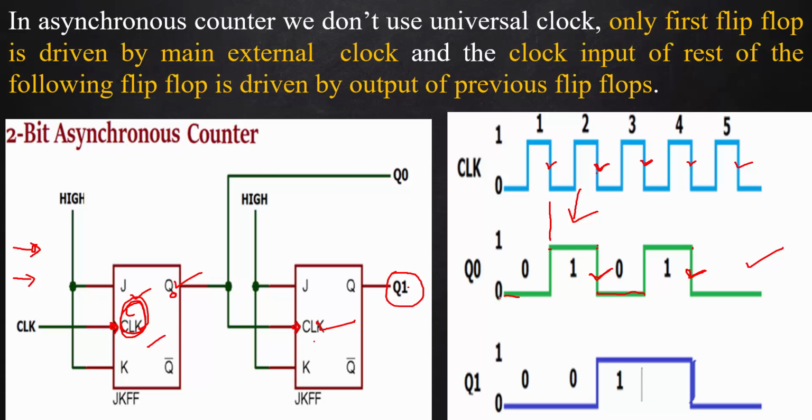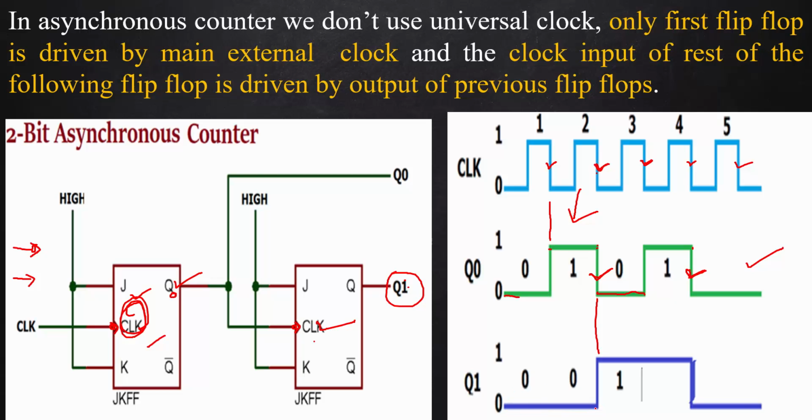Assume that Q1 is initially set to 0, cleared initially. Whenever the negative edge of your Q0 happens, at this point Q1 toggles. Why is it toggling? Because J and K are both set to high, and J and K equal to high is the case for toggling. So during the negative edge of your Q0, Q1 will toggle.